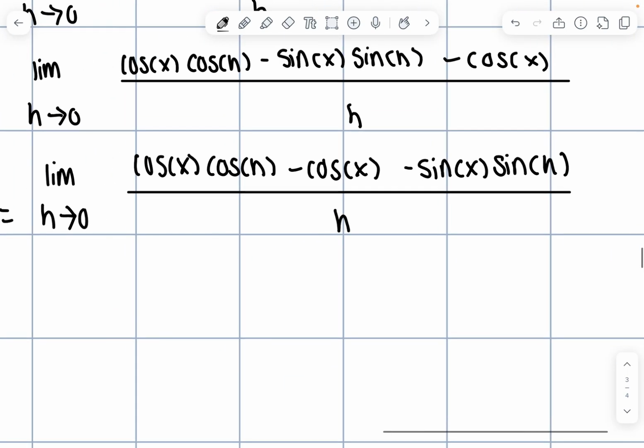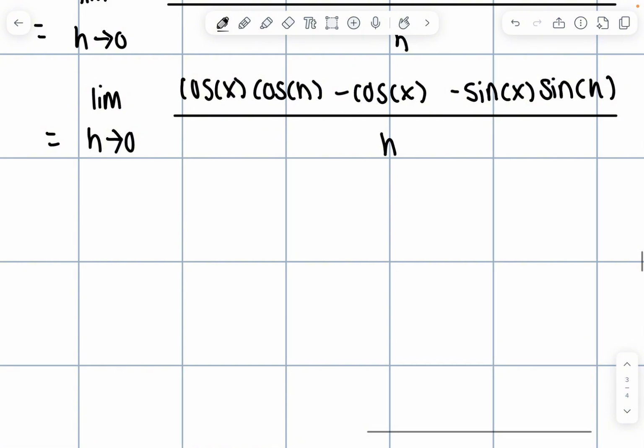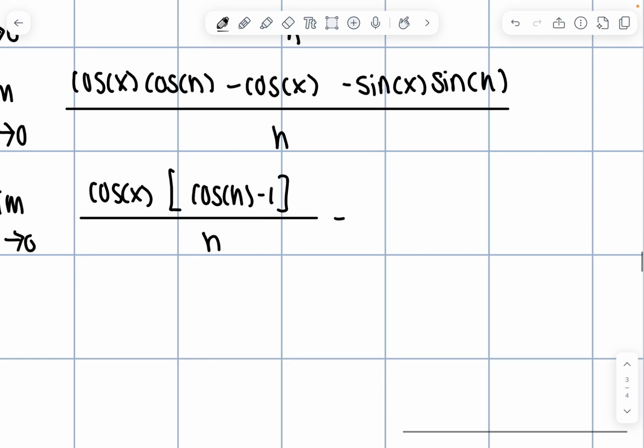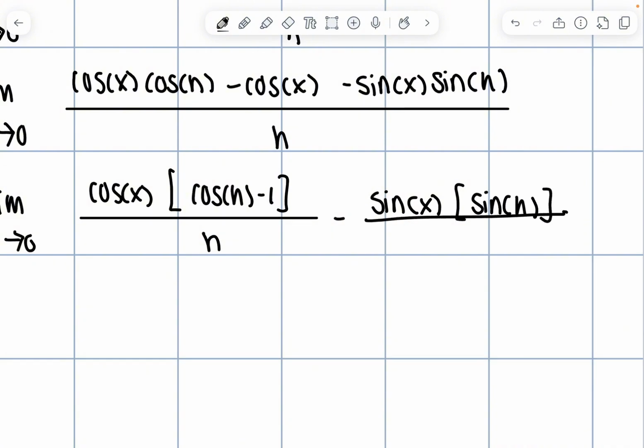And then what I'm just going to do is factor out a cosine of x and also split it into two different fractions with a denominator of h. So then this will become cosine of x upon cosine of h minus 1, that's all being divided by h. And then this will be subtract sine of x upon sine of h divided by h.